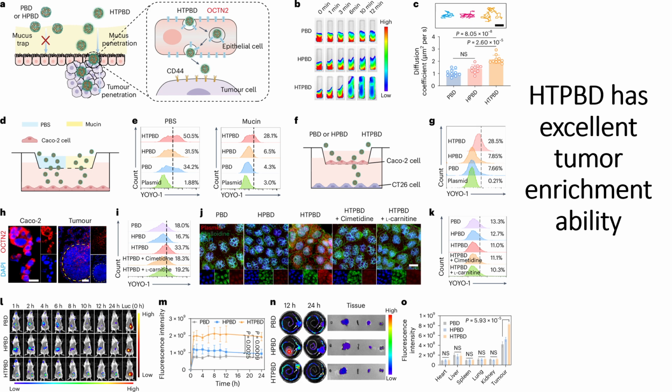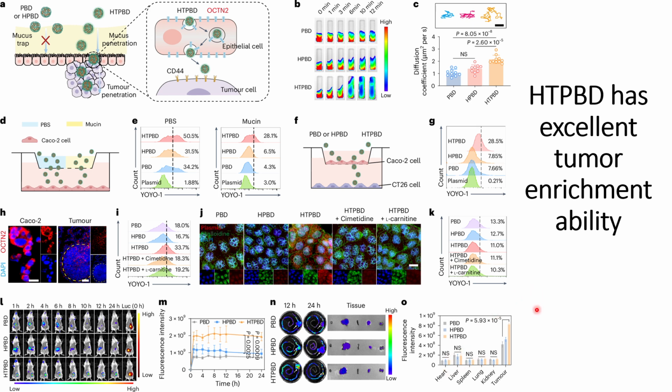And they did their studies on the tissues also, ex vivo studies on the tissues, and they found similar results, that for the HTPBDs they see higher fluorescence intensities compared to the HPBD and PBD. And these results are quantified in panel N, where we can see that in the case of tumors only they can see the difference in the fluorescence intensities, whereas for the heart, liver, spleen, lung, kidney they do not see any significant changes in the fluorescence intensity.